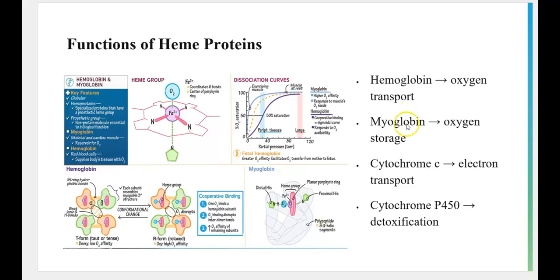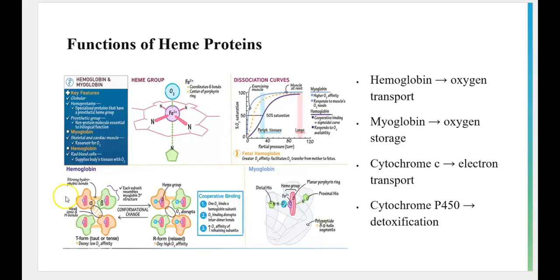The myoglobin function is for oxygen storage, in the skeletal and cardiac muscle. The cytochrome C transports electrons. And the cytochrome P450 function is for oxidation and detoxification reactions.